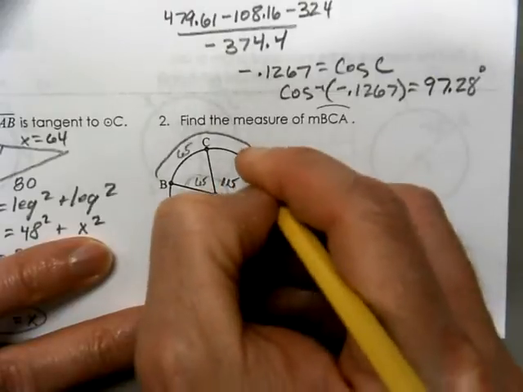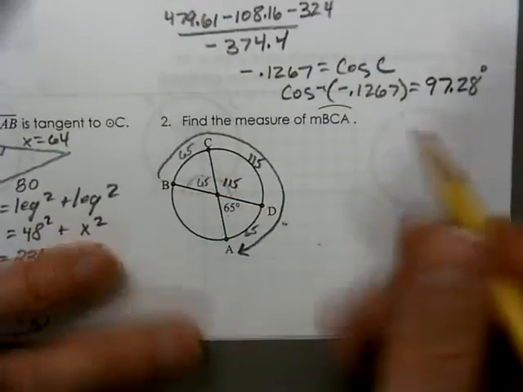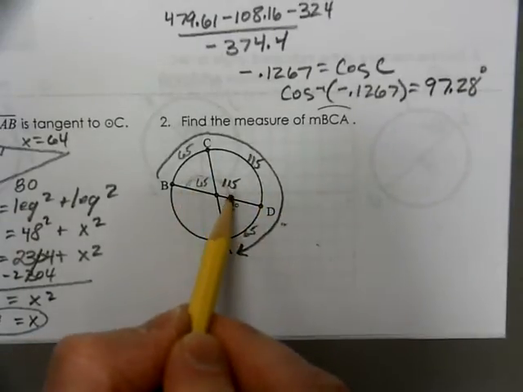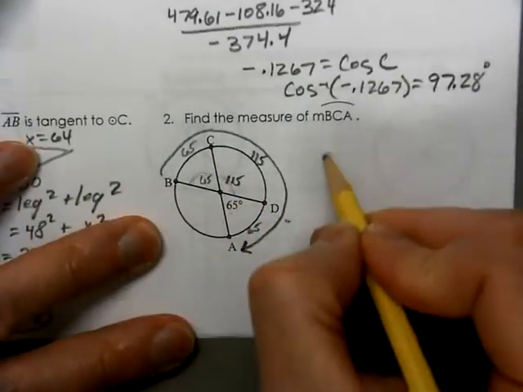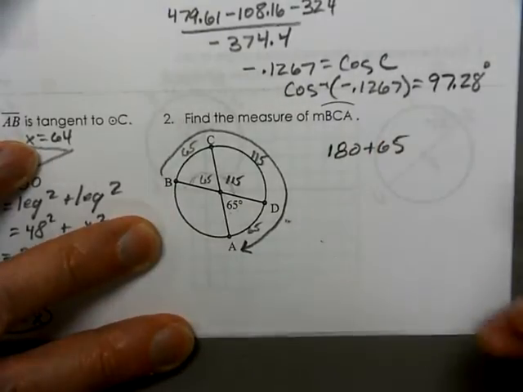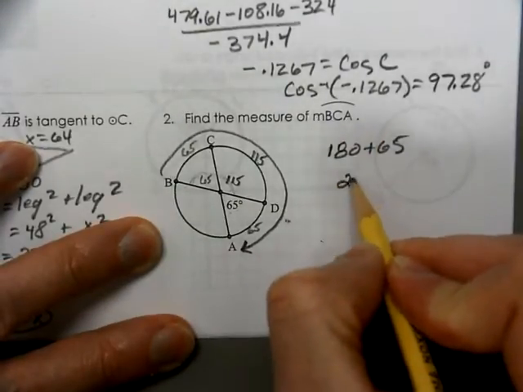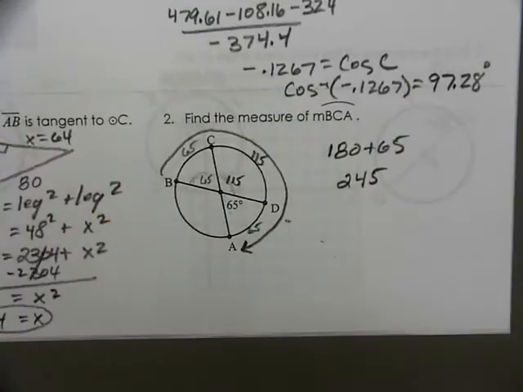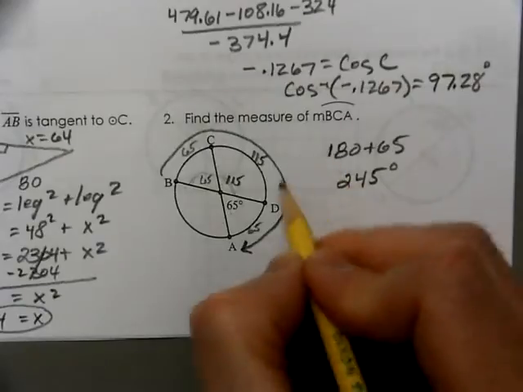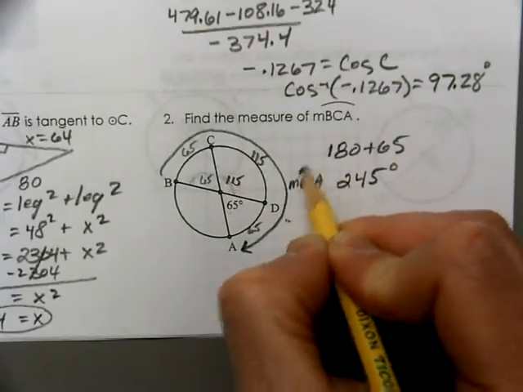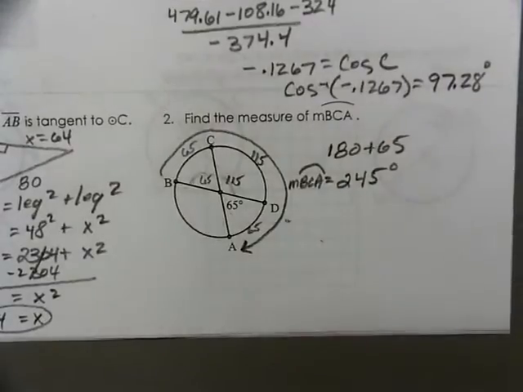So it's 115. They add up to 180. So now I have those three numbers. I knew I had 180 plus the 65, which comes out to 245. The measurement of arc BCA equals 245.